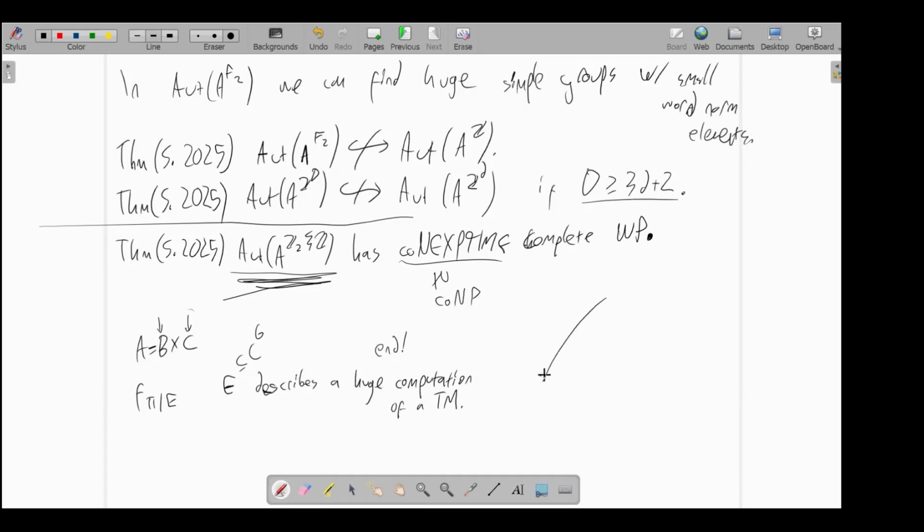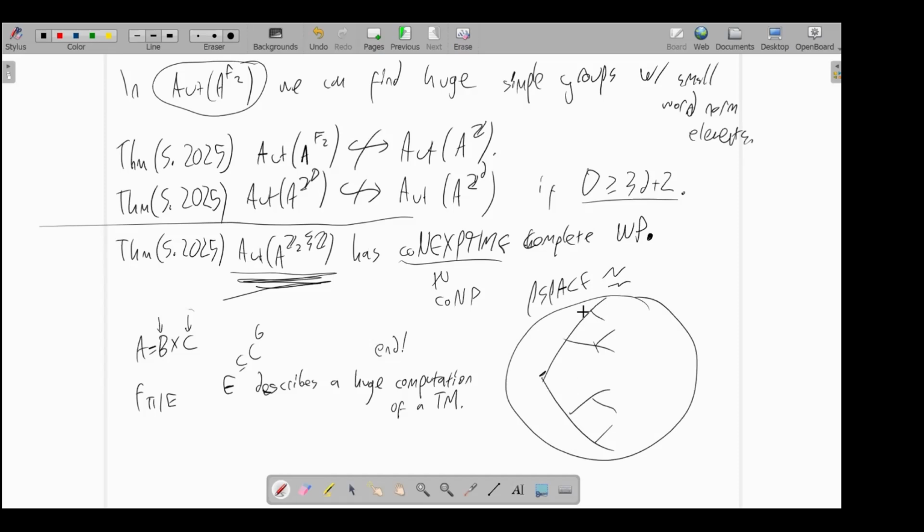PSPACE is roughly equal to the existence of trees of computations. So in here, I can write in polynomial length a group element which describes this kind of tree of computation, and the tree of computation is basically the same as PSPACE, and that's how I'm able to do the reduction.